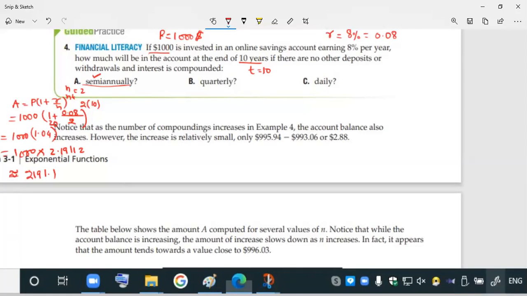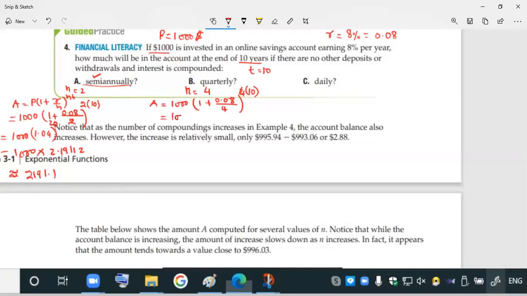Okay. When compounded quarterly, so n will be equal to 4. So amount will be equal to 1000, same formula, 1000 into 1 plus rate of interest is 0.08 divided by 4 now. Divided by 4, raised to power 4 into 10. 4 into 10, n into t.